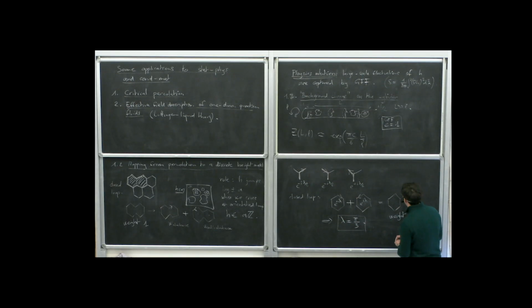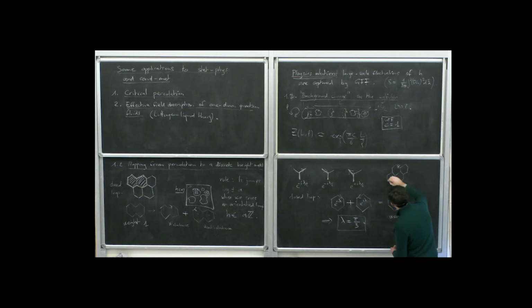Let's say we have a very small lattice like this, and we take periodic boundary conditions here, so we identify this side with this side.